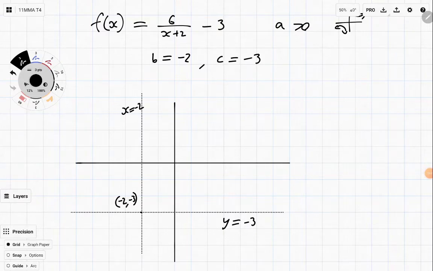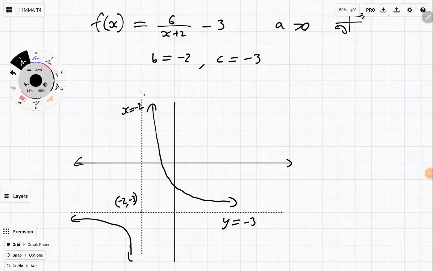Since it's the positive shape, it's going to look something like this. There's the picture. You can see that it's actually been moved down a little bit. And in this case, we can kind of see that there should be at least one x and y intercept.